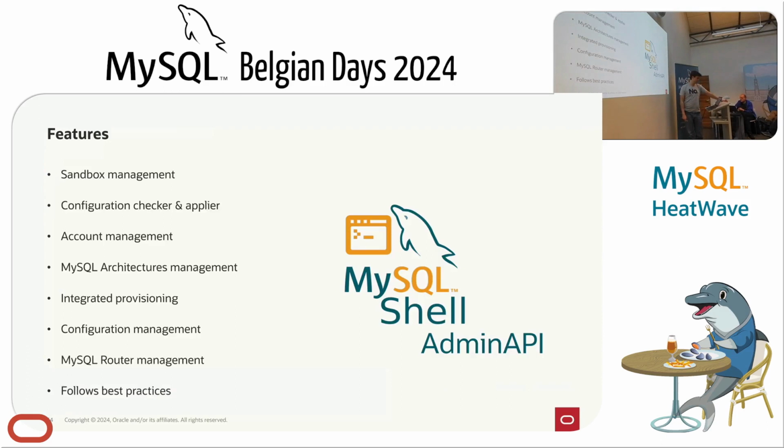So in general, the AdminAPI has evolved, and in terms of features, we have sandbox management to create sandboxes and play around and test things. The configuration checker and applier that was mentioned before, account management, the support to manage all these kinds of MySQL architectures, integrated provisioning, configuration management to change group replication options and other replication options, for example, MySQL Router management, and we follow best practices.